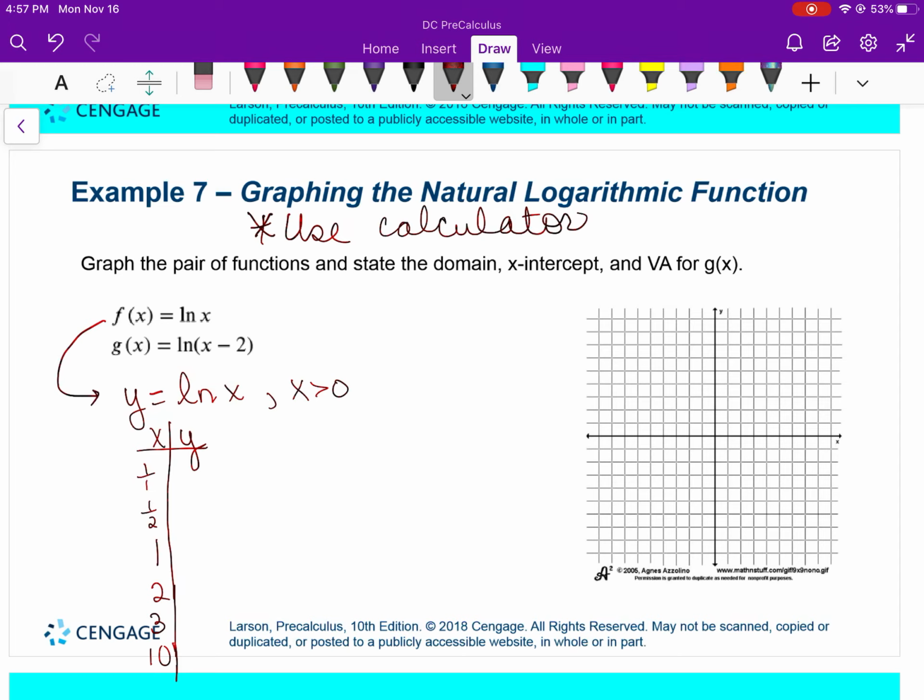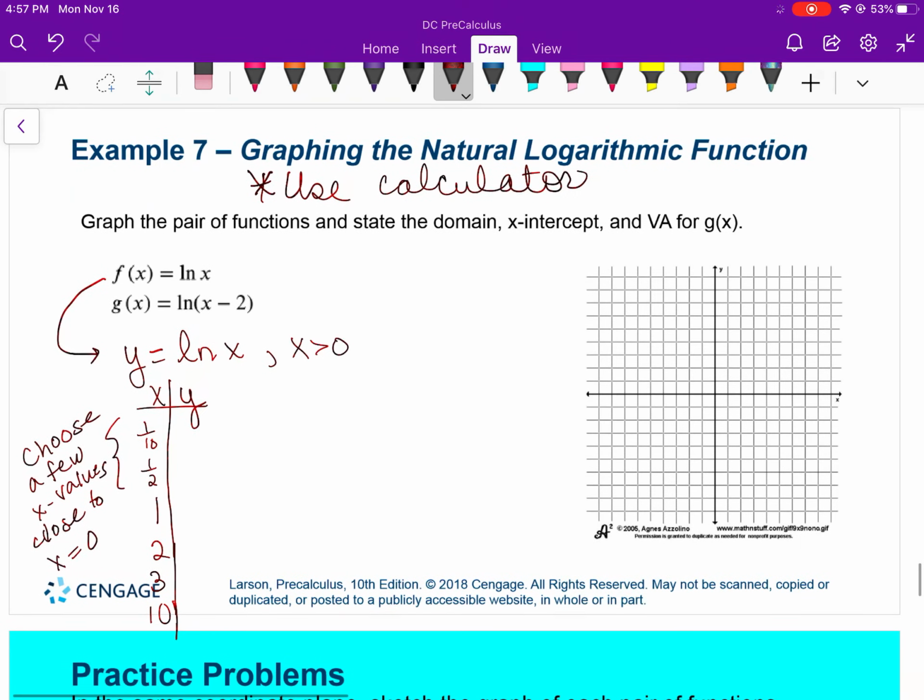Or you might do a 1/10, but you can get really, really close to 0. So what I would do is choose a few x values close to your asymptote. In this case, that's x equals 0. And then the rest of your table can just be larger values. And then you're going to plug them directly into your calculator and get your y values.